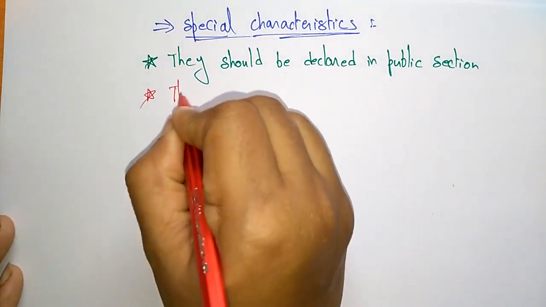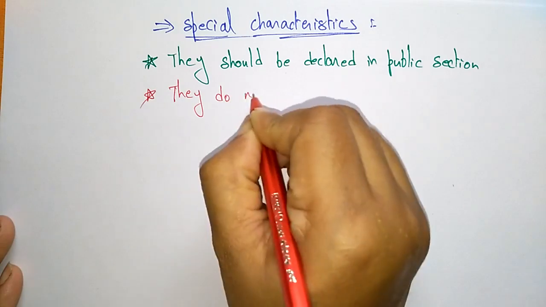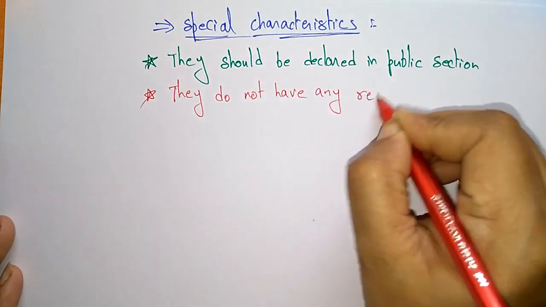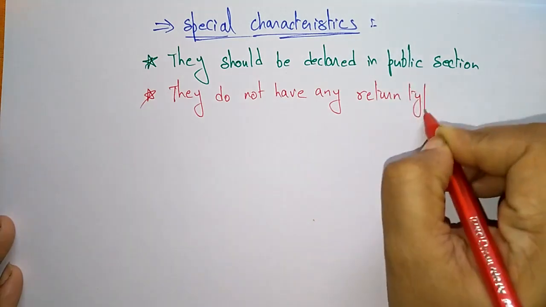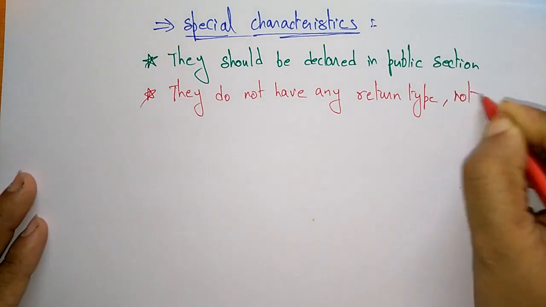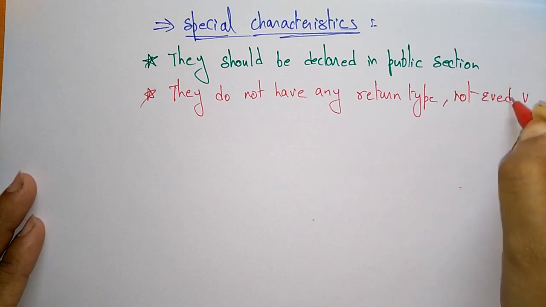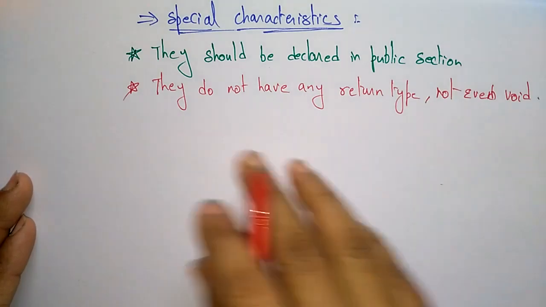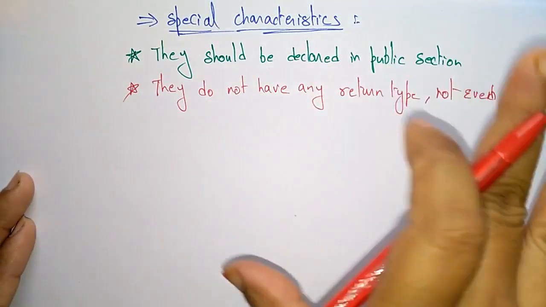Next, they do not have any return type. Did you observe that program? Wherever we use the constructor, its name is the same as the class name. There we are not using any return type, not even void. So first, they should be declared in the public section.